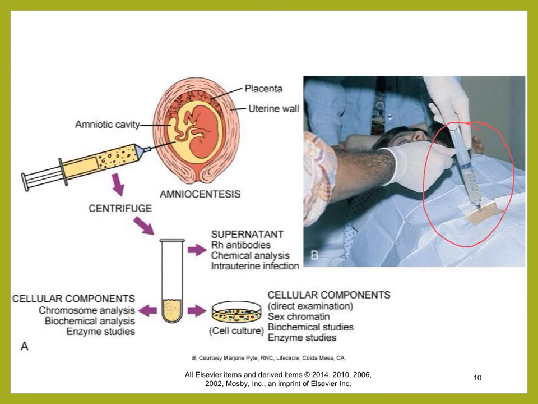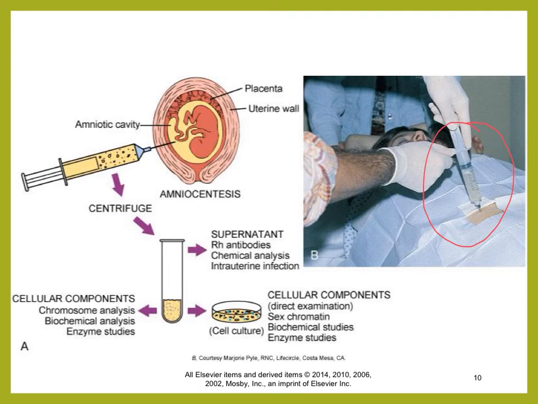When do we want to do an amniocentesis? When are the higher indications for this? Moms who are over 35, moms who've had a previous child with some kind of chromosome abnormality or a family history, and anytime mom herself has had any inherited metabolism disorders. One of the examples is Tay-Sachs disease.